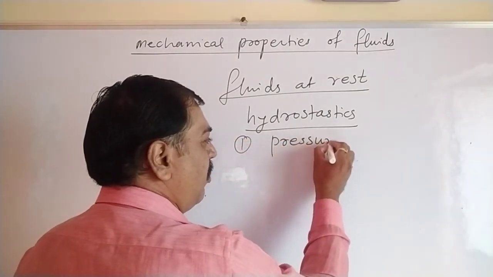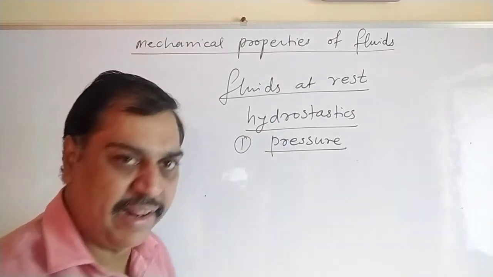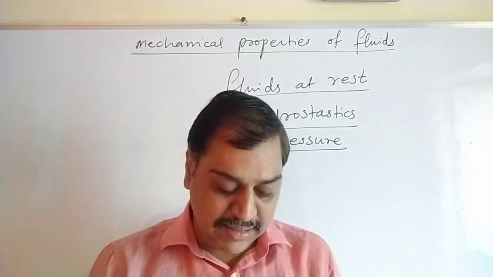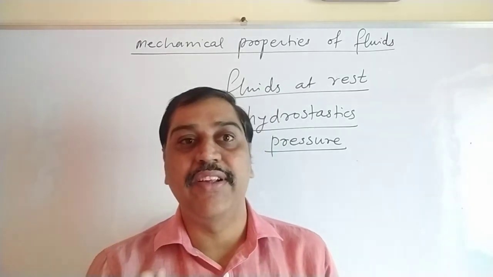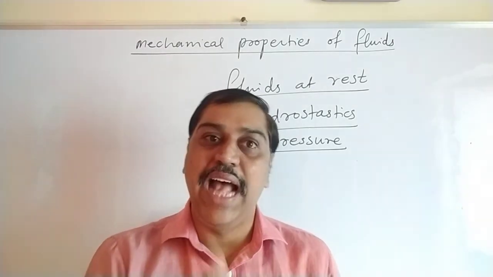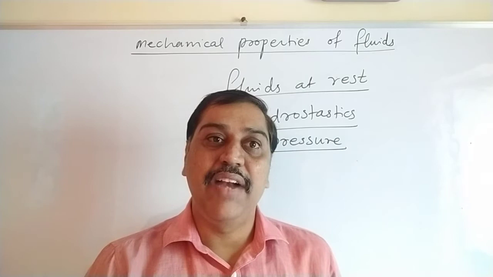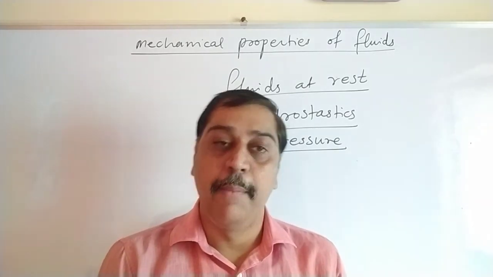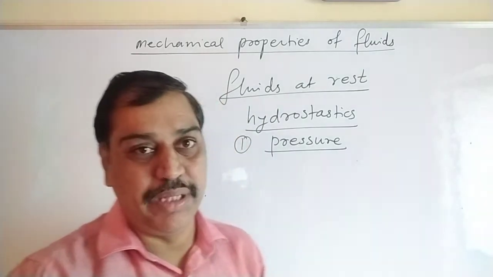Pressure means what? When a fluid is kept in a container or beaker, the fluid exerts some force on the surface of the container, the walls of the container, as well as the bottom of the container, and the force applied by that fluid on the surface or wall per unit area is said to be the pressure.